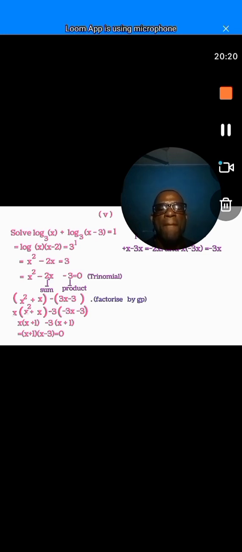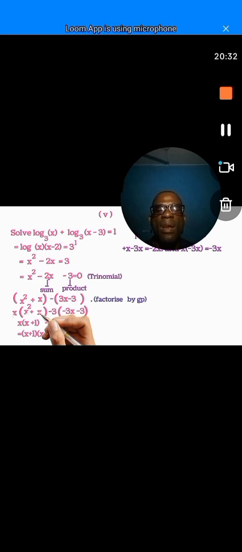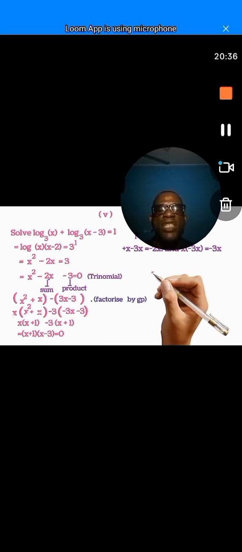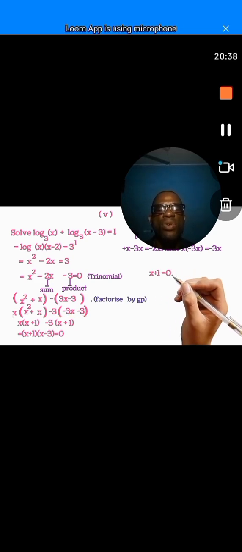Now that means x plus 1 is equal to 0 and x minus 3 is equal to 0. So x plus 1 is equal to 0 is the same thing as x is equal to minus 1.